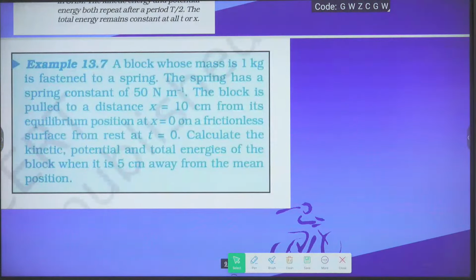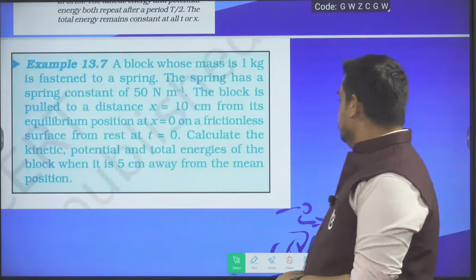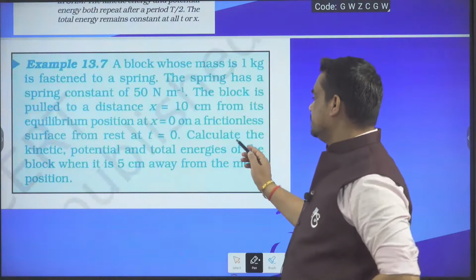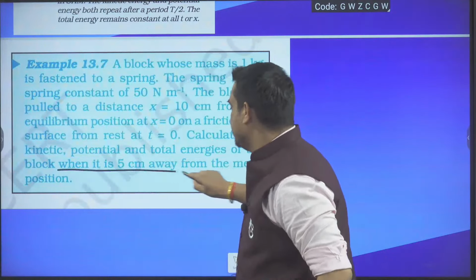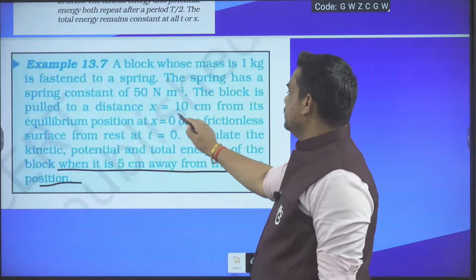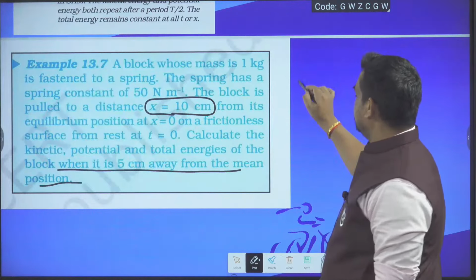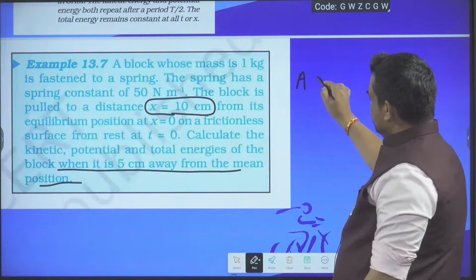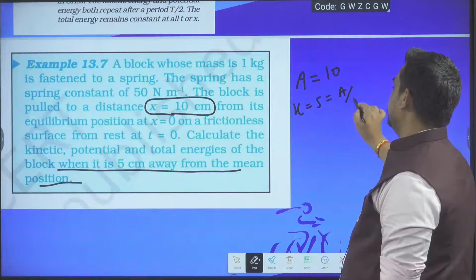This is the one question. They're asking to calculate the kinetic, potential and total energy of the block when it is 5 centimeter away from the mean position. Amplitude is 10. So A is 10 and x is 5, which means x is A by 2.